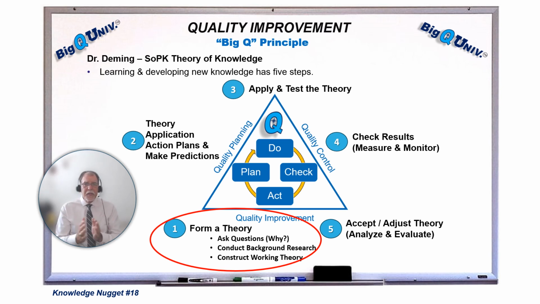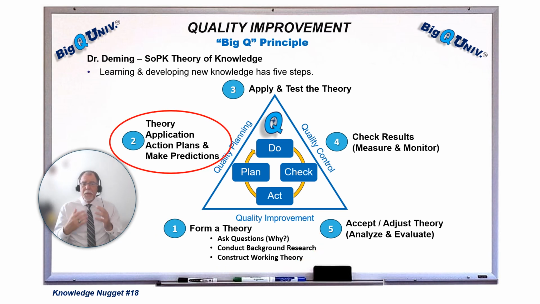We can do this, for example, by conducting a cause and effect analysis and measuring and analyzing the current state of the process. We then construct a working theory that explains why the process is producing a particular result and what changes can be made to the process to improve upon the result.